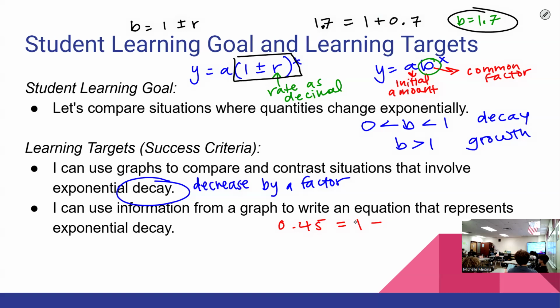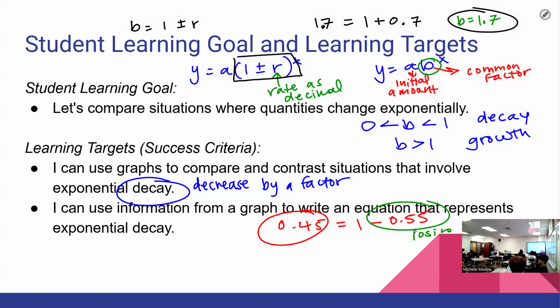And what do I subtract from 1 to get 0.45? 0.55. So if my B value is 0.45, is that growth or decay? Decay, because it's between 0 and 1. What percentage is it decreasing by? 55% is what it's decreasing by.